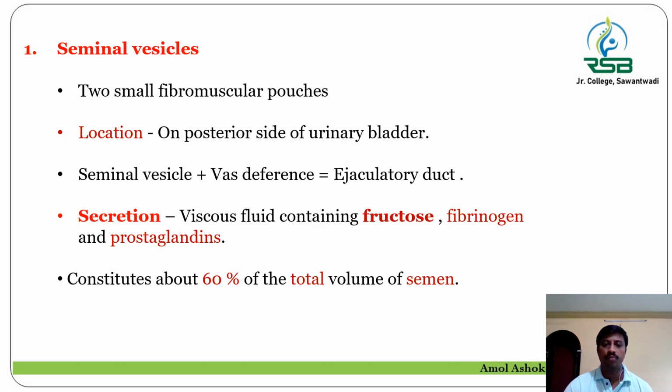Its location is on the posterior side of the urinary bladder, as we saw in our previous diagram. In the human male reproductive tract, the seminal vesicle and vas deferens, when joined together, give rise to the ejaculatory duct.